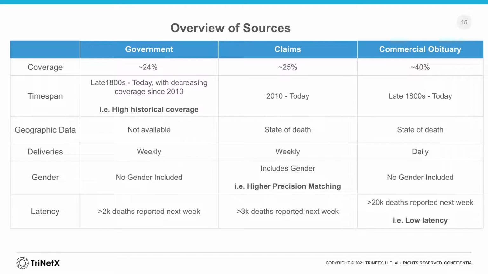So the 20K, let me start with the 20K deaths reported next week, because I know that maybe is a confusing metric. What that means is, if all the deaths ever reported in that mortality source, for say people who died from June 1st to June 7th, we would basically report the next week, June 14th, 20K deaths.